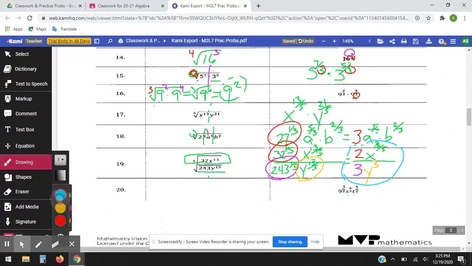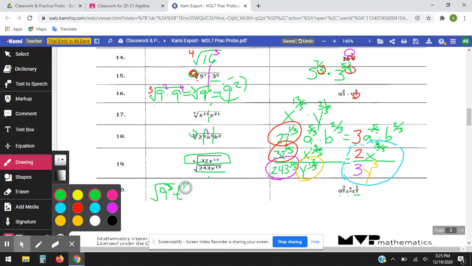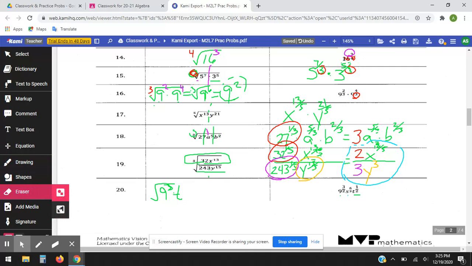So under the square root, I'm going to put the 9 to the third times the other square root one, the square root of t. Because it's a 1, I just have t to the first. Times, now I'm going to throw in this one, cubed root of s to the 6th.